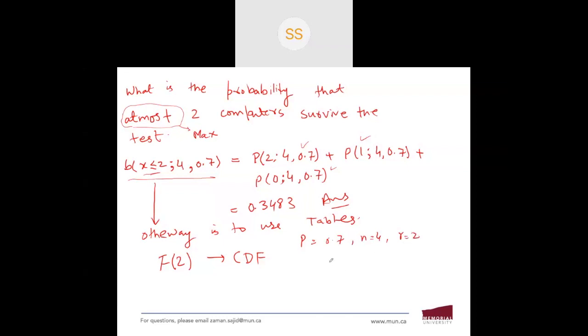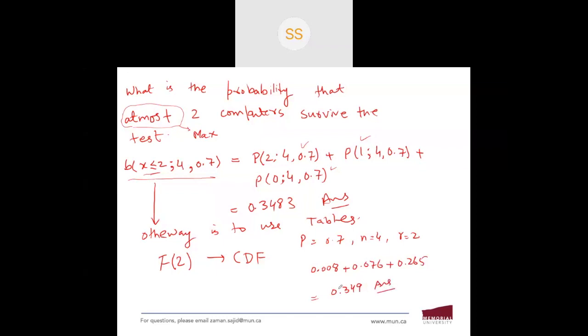So when I go to the probability table, my final answer needs to be added up. So it will be 0.008, these values coming from the table, plus 0.076 plus 0.265. I add them all and I find the answer 0.349. This is your answer here.